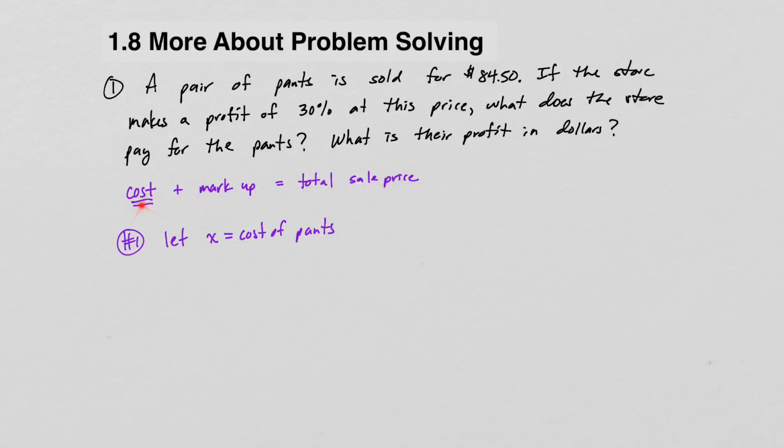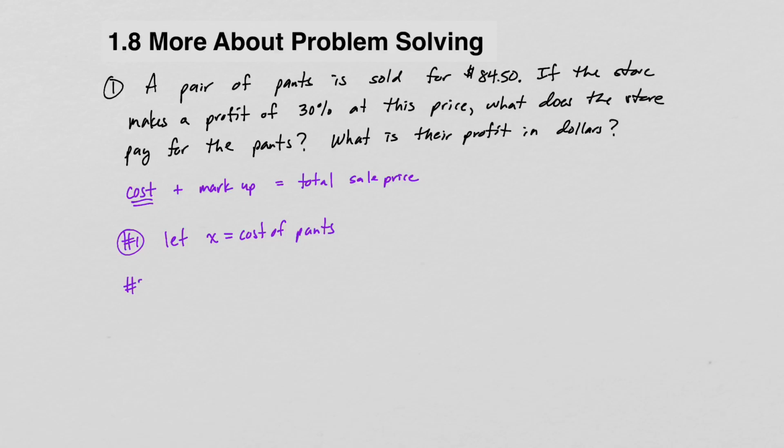So the cost of the pants is x. Next we need to figure out, what is the markup on the pants? Well, we know they make a profit of 30%. But remember, a percentage is never used all by itself. A percentage always has to be multiplied to something. And so when we say they mark up their pants 30%, the 30% is multiplied by the original cost of the pants.